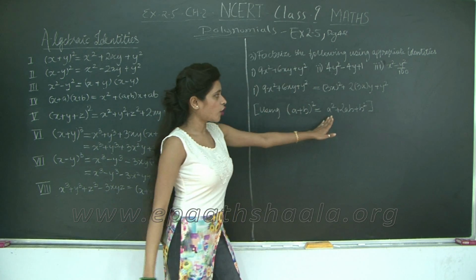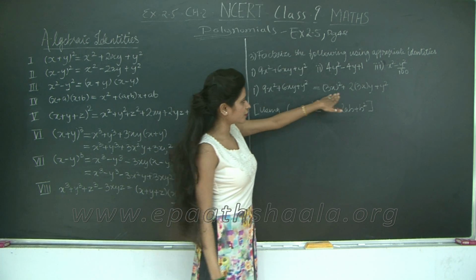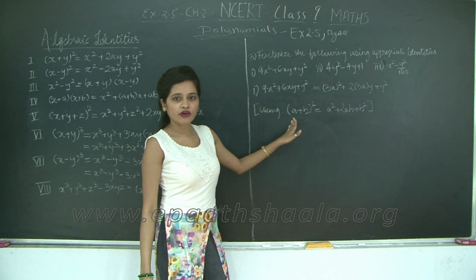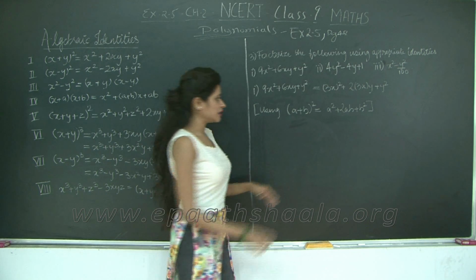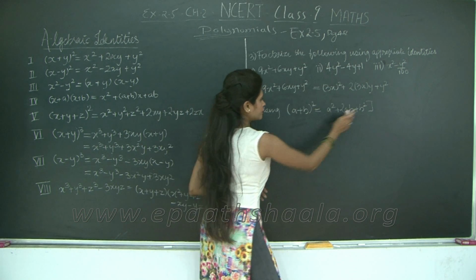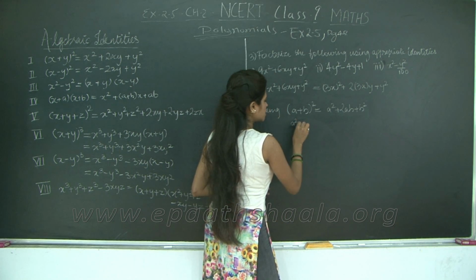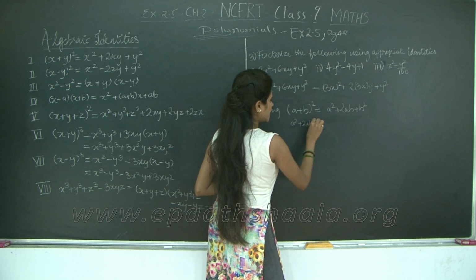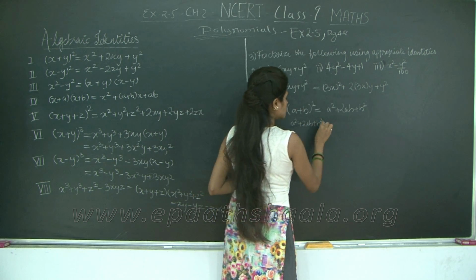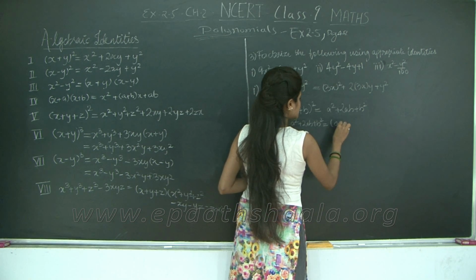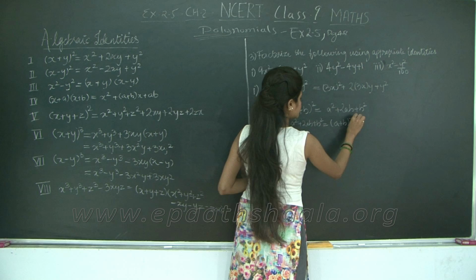Now we already have this portion over here. We need to write it in this format, so I'm just going to swap it. Therefore, a square plus 2ab plus b square is equal to a plus b the whole square.